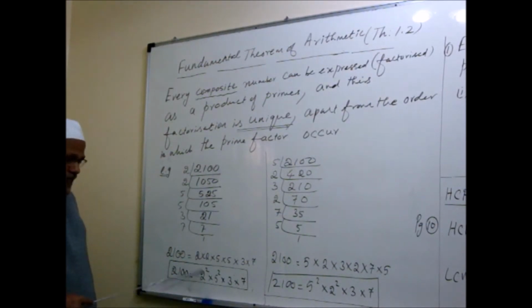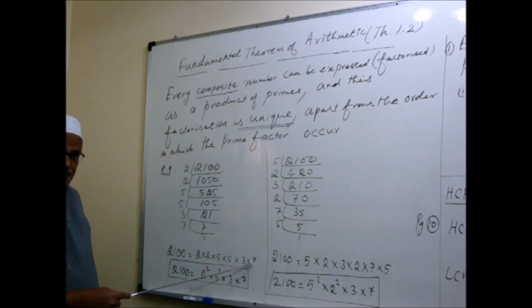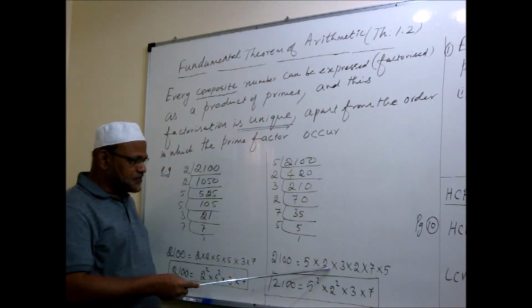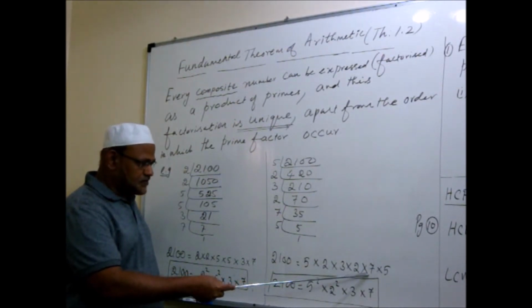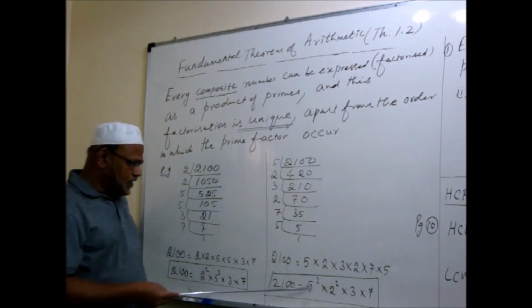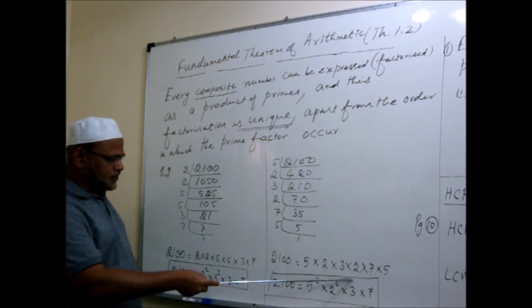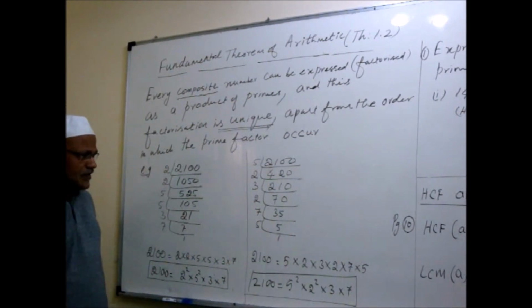Here 2 comes twice, 5 comes twice, 3 once, 7 once. Same way here also, 2 comes twice, 5 comes twice, 7 once, and 3 once. So it is 5 square into 2 square into 3 into 7. Exactly the same, only the order I wrote is different.